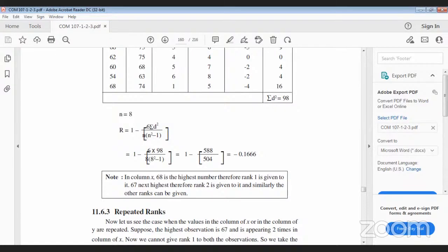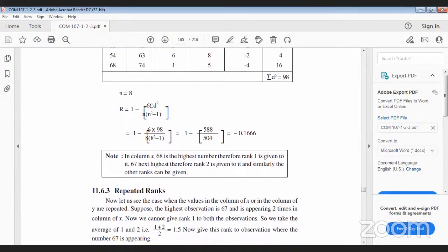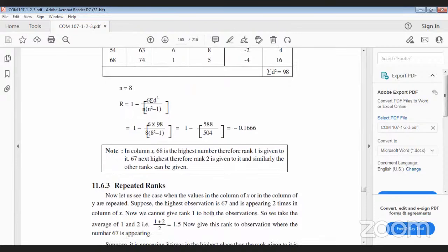Now let us see the case where values in column X or in column Y are repeated. Suppose the highest observation is 67 and is appearing two times here in column X. Now we cannot give rank 1 to both observations.